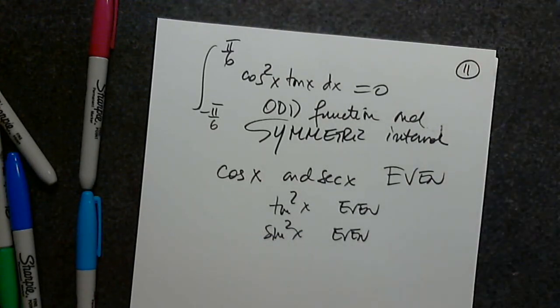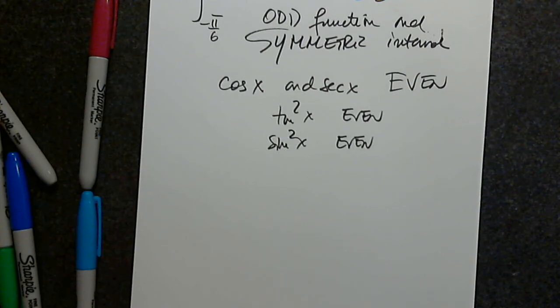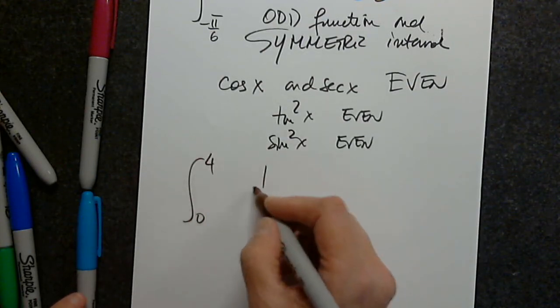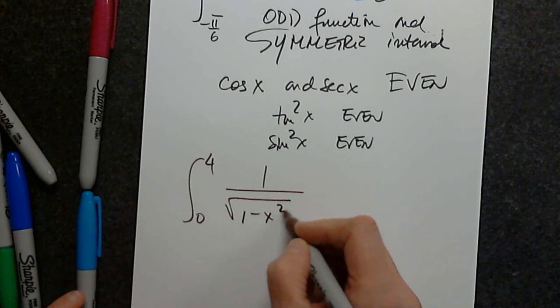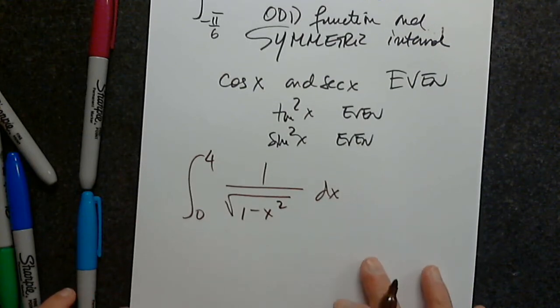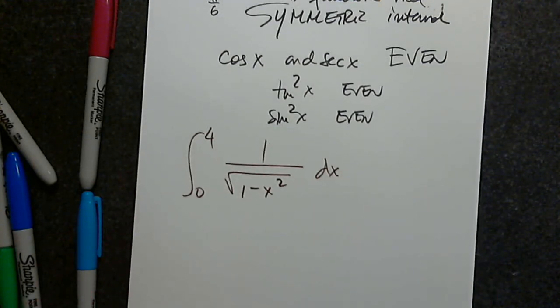Very good. So we have the integral from 0 to 4 of 1 over the square root of 1 minus x squared dx. What will you say about this? It's a definite integral, so I have to check whether the function is continuous.